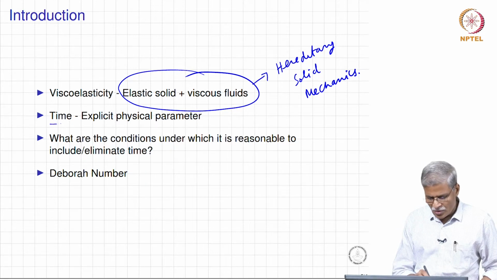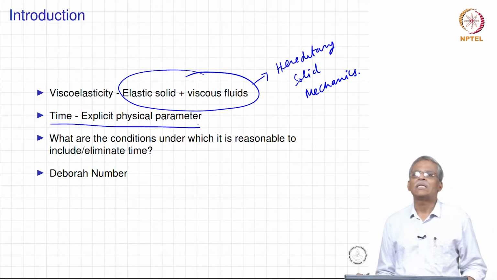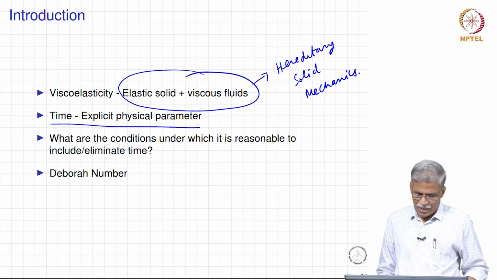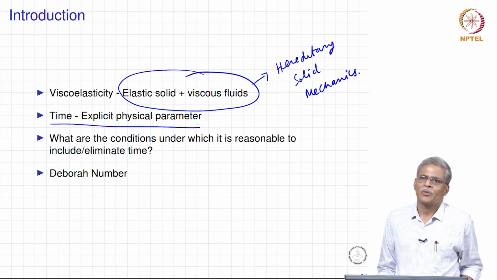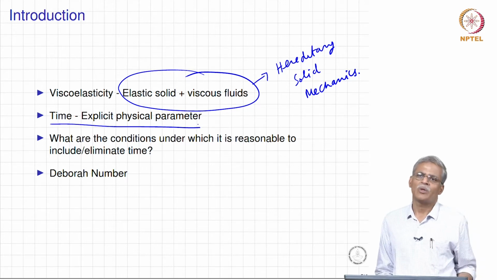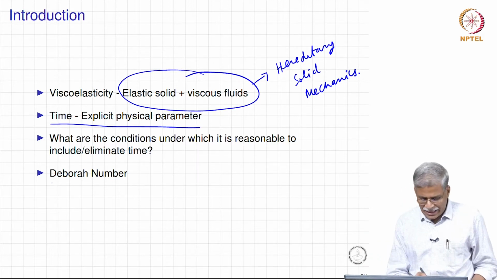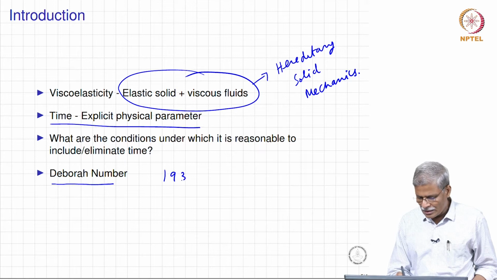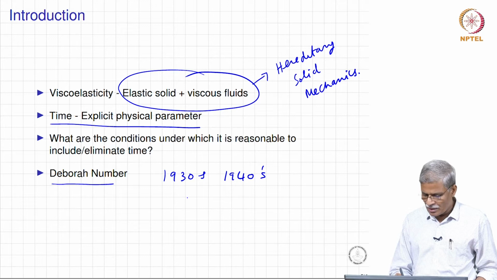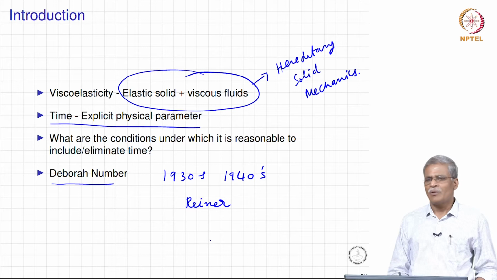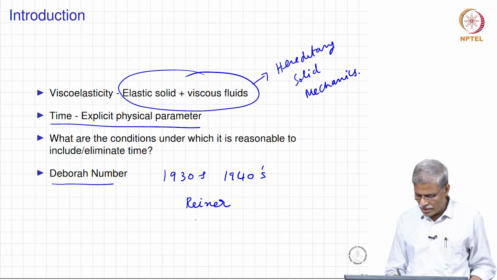First and foremost thing is, we need to understand that time is an explicit parameter, and we now want to ask this question: under what circumstances one can include the response of the time or exclude the response of the time. So, in the earlier days around 1930s, 1940s, we had interest development with some of the most famous scientists by name Marcus Reiner and Bingham.